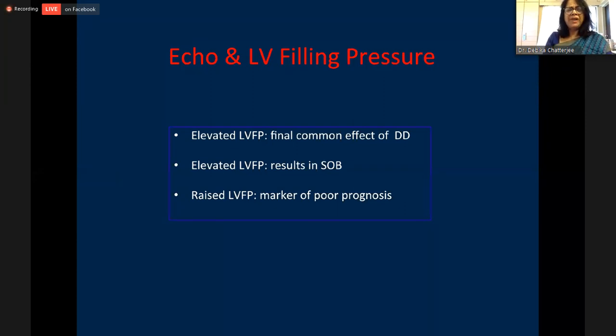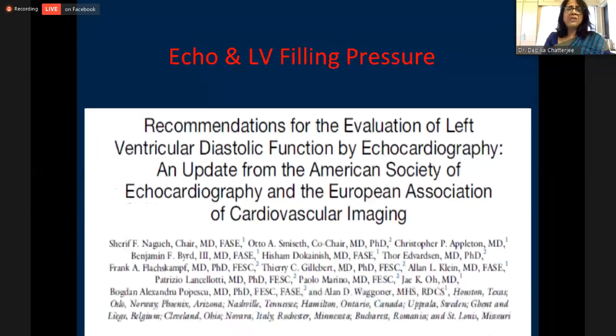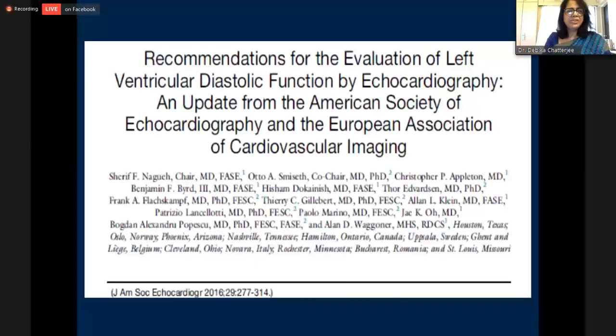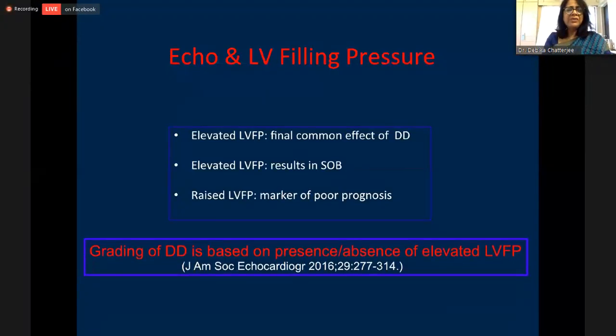That is the final common effect of diastolic dysfunction, which results in shortness of breath, and raised LV filling pressure is a marker of poor prognosis. Moreover, as per the latest ASE recommendation, the classification or grading of diastolic dysfunction is based on the presence or absence of elevated LV filling pressure. So we need to know the LV filling pressure also.